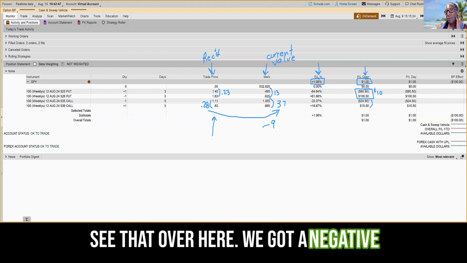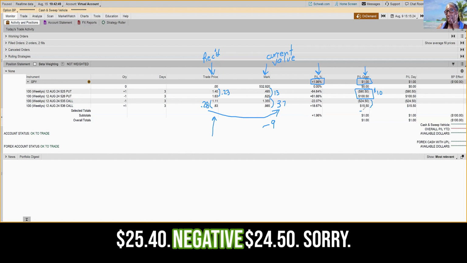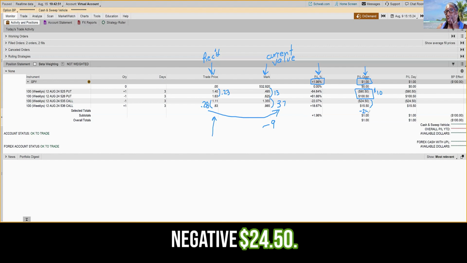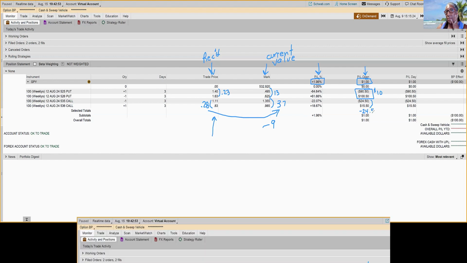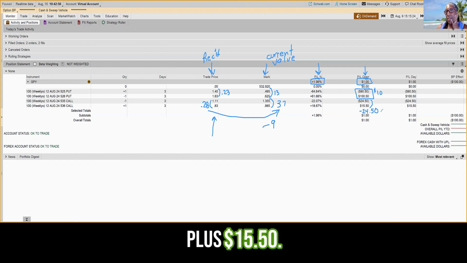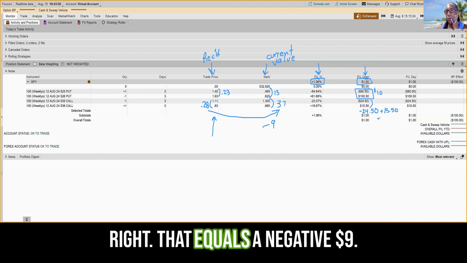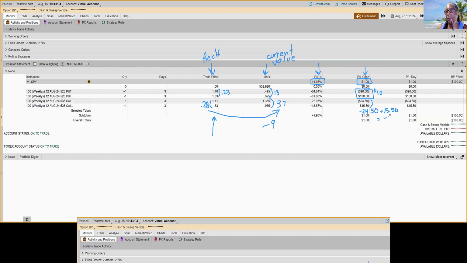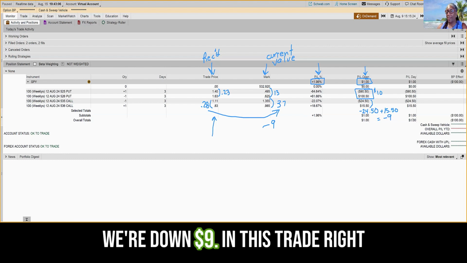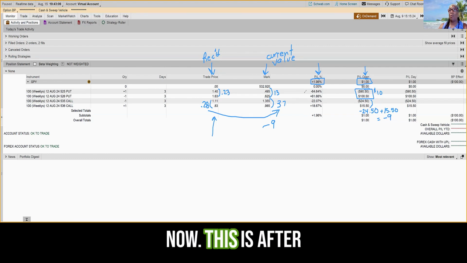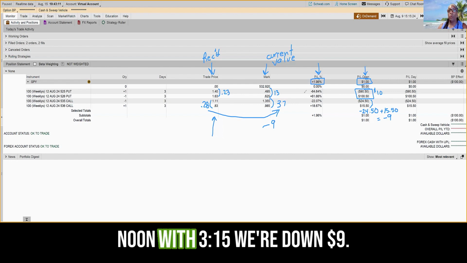We got a negative 24.50 plus 15.50, that equals a negative $9. We're down $9 in this trade right now. This is the afternoon. We're at 3:15. We're down $9.